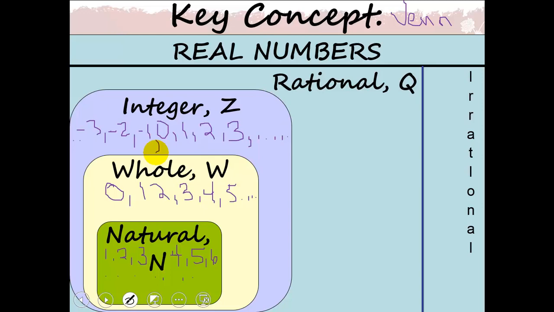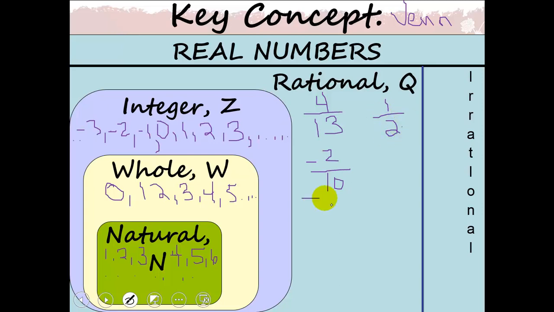Then the next thing is rational numbers. So these are your fractions. Well, if we have an integer over an integer, like -2 over 10, okay? We could also have 1/2. Anytime you have an integer over an integer.